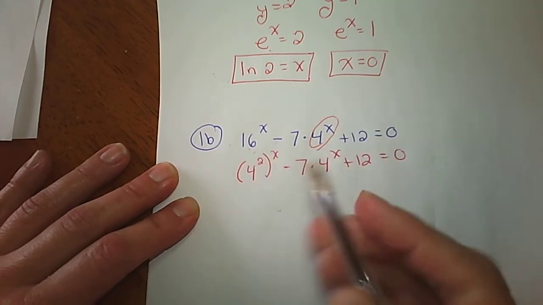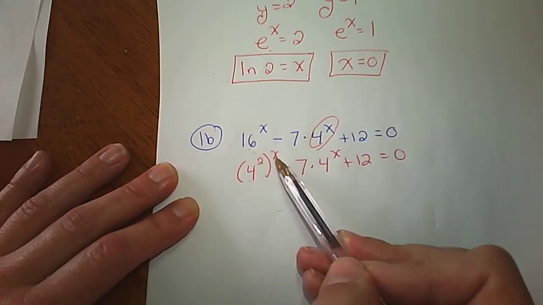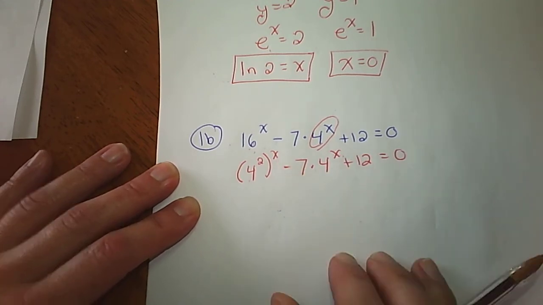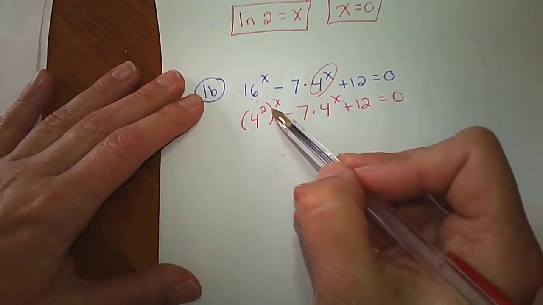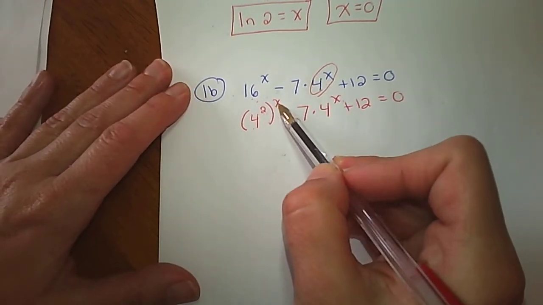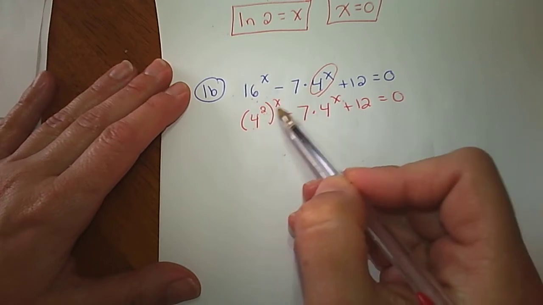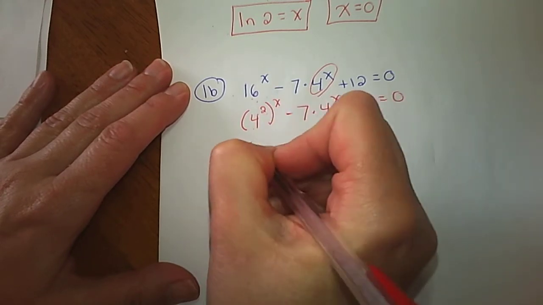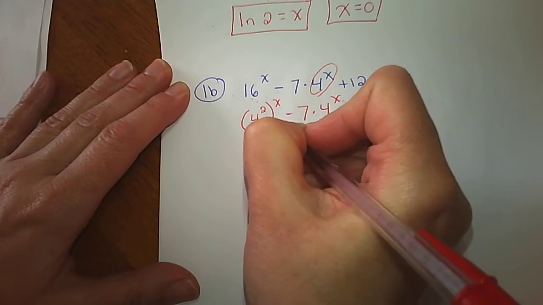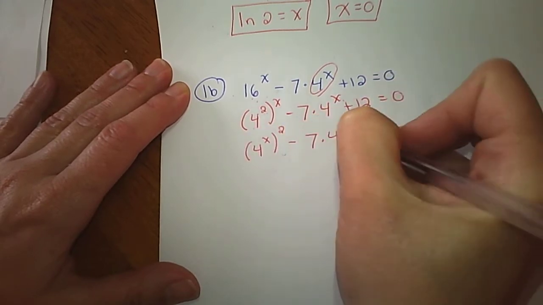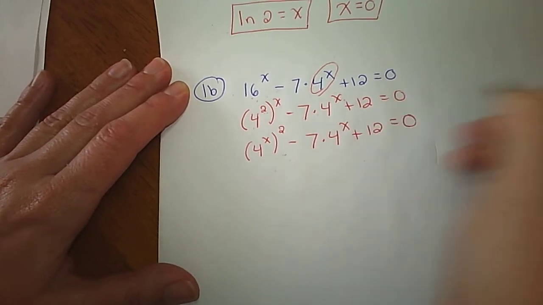So what I did was I changed 16 into 4 squared to the x minus 7 times 4 to the x plus 12 equals 0. Now, what do you do when you raise a power to a power? You multiply, and since multiplication is commutative, we could flip-flop these. So this becomes 4 to the x, squared, minus 7 times 4 to the x plus 12 equals 0.